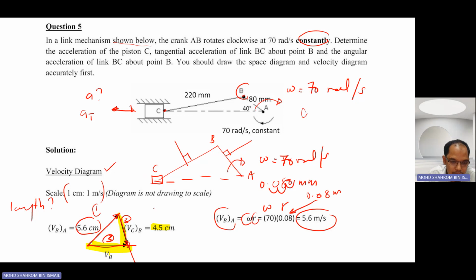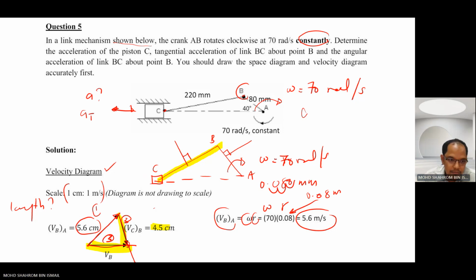So therefore, you're going to get the velocity of point C and B. More or less, you get the velocity of this point, and the velocity of this point. Those two points you measure accordingly.